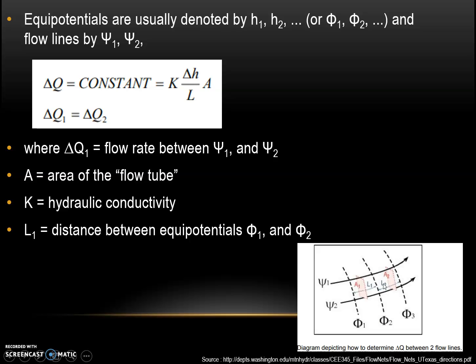Similarly, L2 is distance between phi2 and phi3, and A1 is the cross-sectional area of flow tube, and A2 is the another cross-sectional area of flow tube which is of length L2 and A1 of length L1.